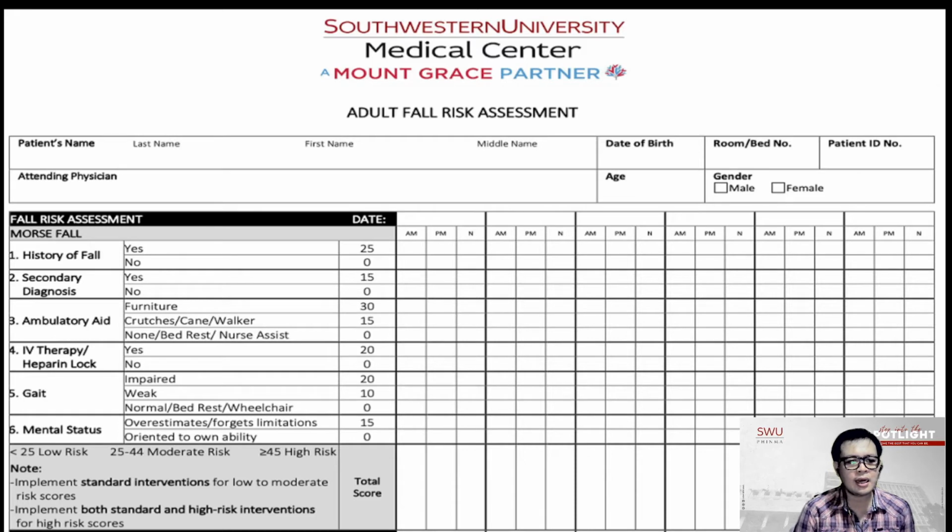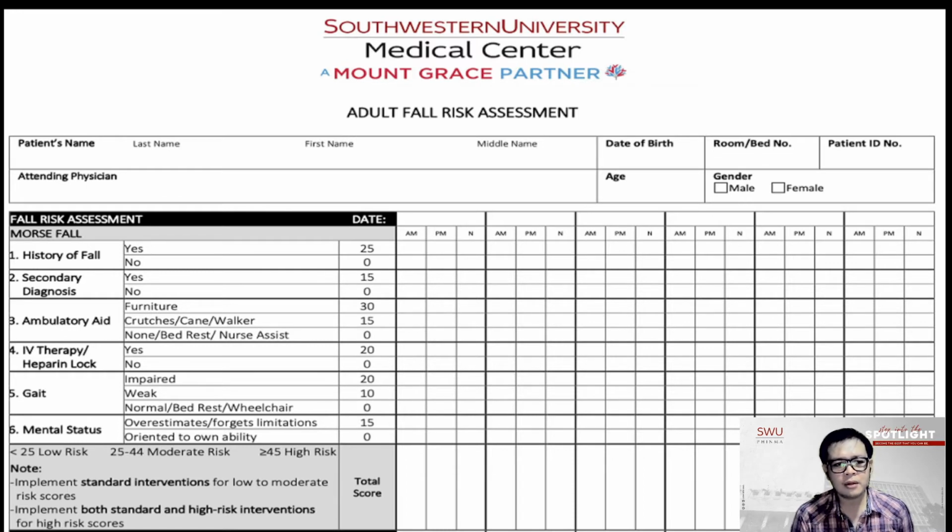And ambulatory aid, nothing to worry about because there are none. And the gait is really good. There is no problem in terms of the balance of the patient, and the mental status is really good as well. It's GCS 15. So let's try to consider that.